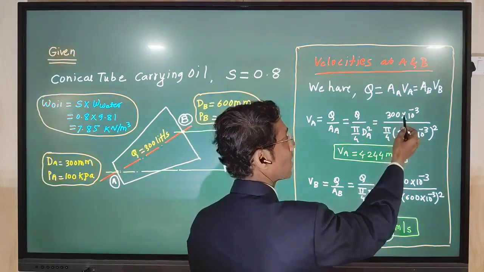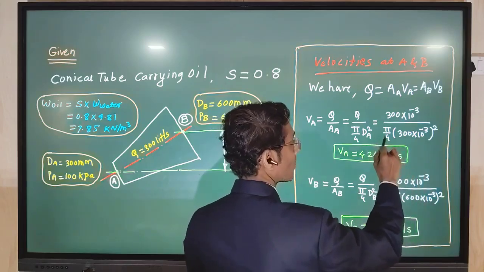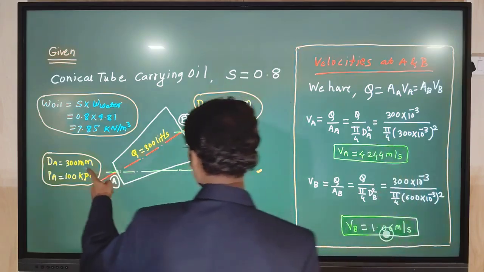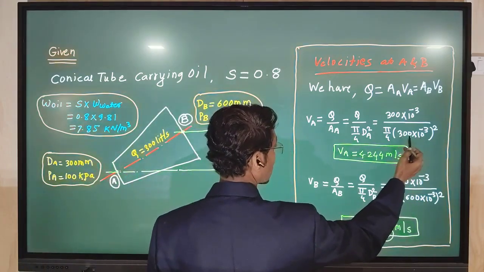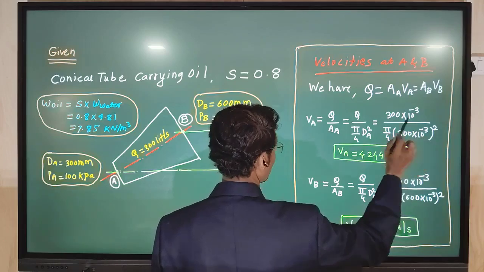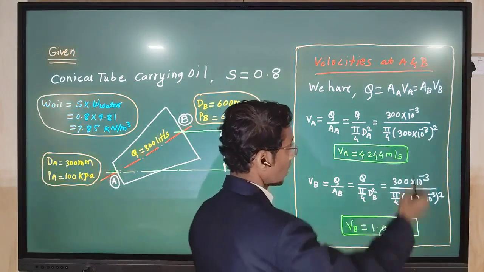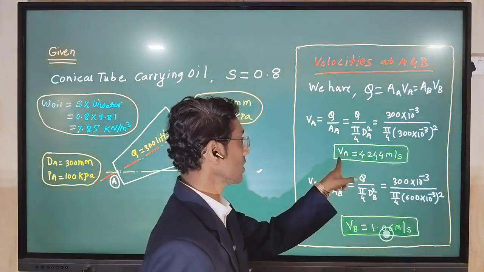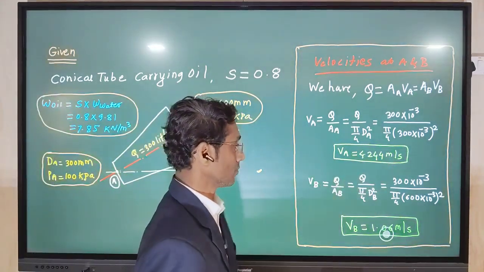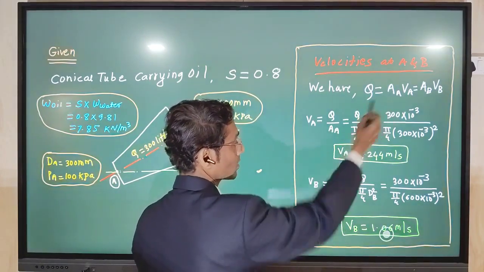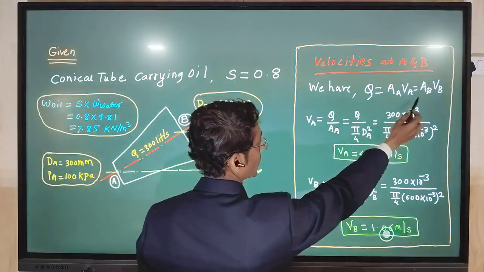So 300 multiplied by 10 raised to minus 3, divided by pi by 4 into diameter, given here in mm and we use in meter. So 300 multiplied by 10 raised to minus 3, that is the conversion from mm to meter, bracket square. Doing this calculation, we find the velocity at location A in meter per second. Similarly, we do the same for velocity at section B by using this equation.